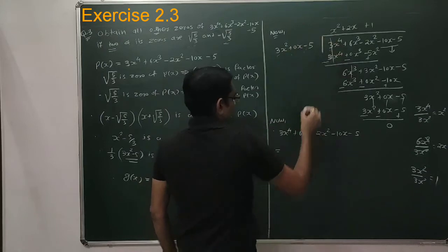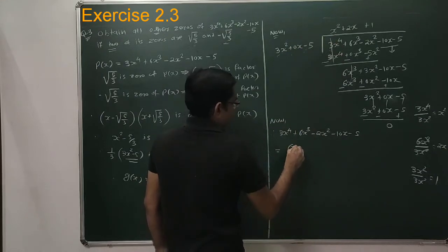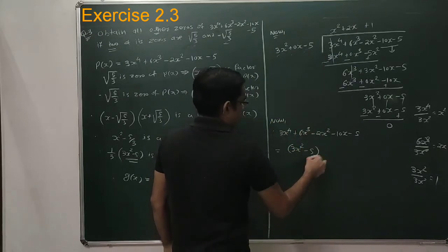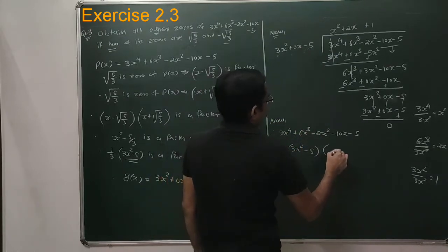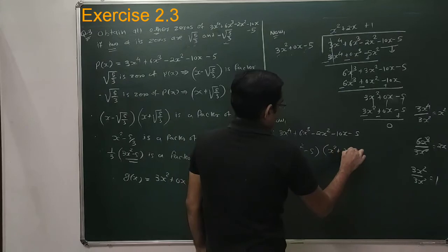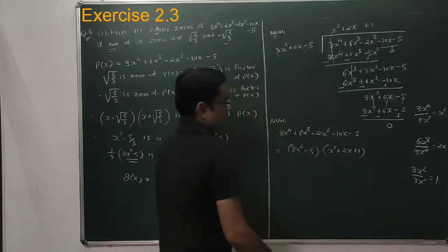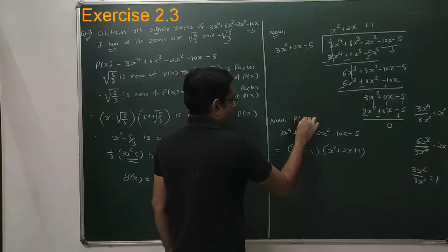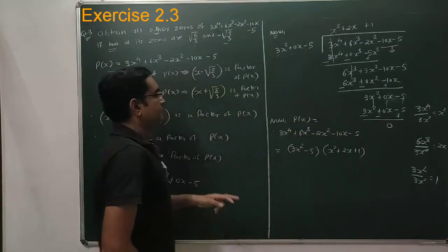So the multiplication of these two terms is equal to 3x square plus 0x minus 5 into x square plus 2x plus 1. This is our original polynomial p of x. Check it.